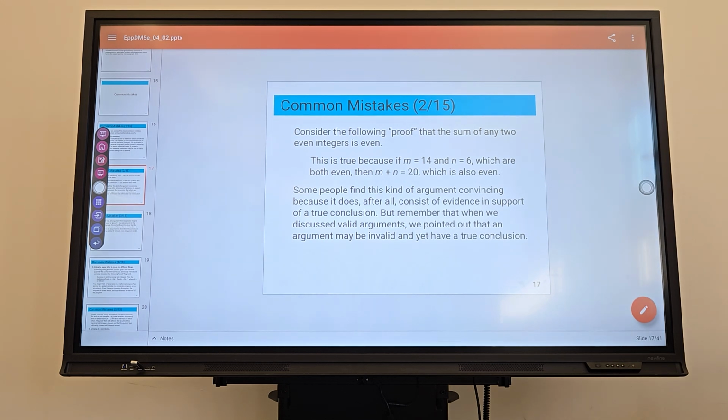So you can use examples to get an idea of whether or not you think a statement or a theorem is true, but you can't use it as a form of argument in a proof.